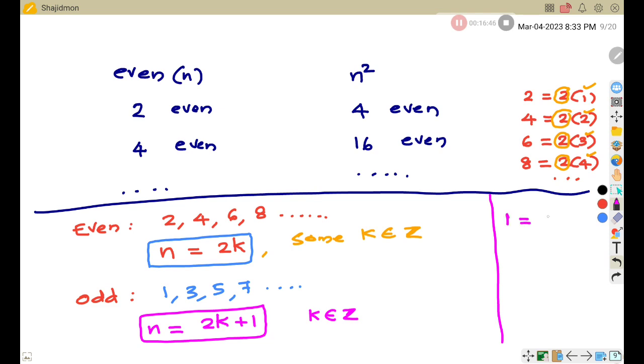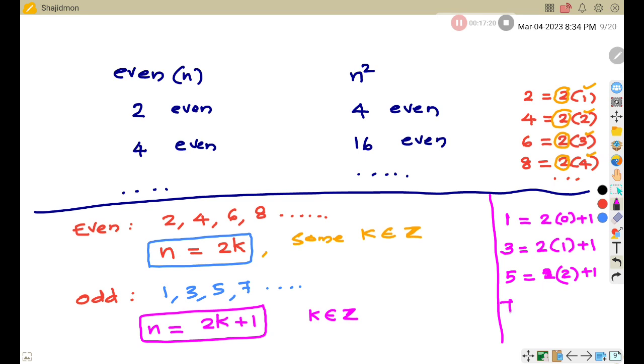For example, take the number 1 first. How to write number 1? 2 multiply 0 plus 1, correct? 2 multiply 0 means 0, plus 1, so we are getting 1. 3 is an odd number. How can we write it? 2k plus 1: 2 multiply 1 plus 1, because 2 multiply 1 is 2, plus 1 means 3. Now when we are taking 5, how to write 5? 2 multiply 2 is 4, 4 plus 1 is 5, correct?